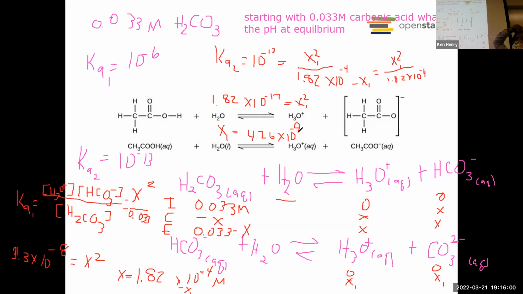So is the contribution of that second reaction going to be significant enough to add to the concentration of the hydronium ion? You're going to say no? Yeah, it's too small.